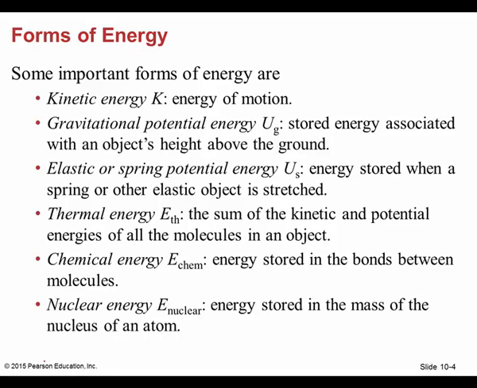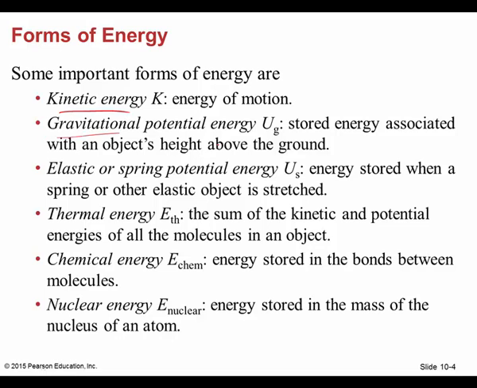Now, just some important things to remember about the different forms of energy. Of course, kinetic is energy of motion. Anytime an object is moving, it has kinetic energy. If it is not moving, it does not have kinetic energy. It has zero kinetic energy.